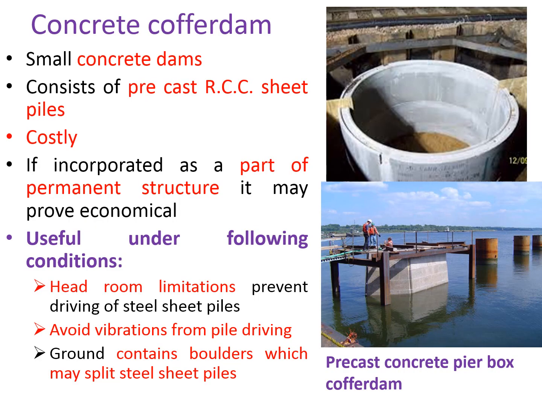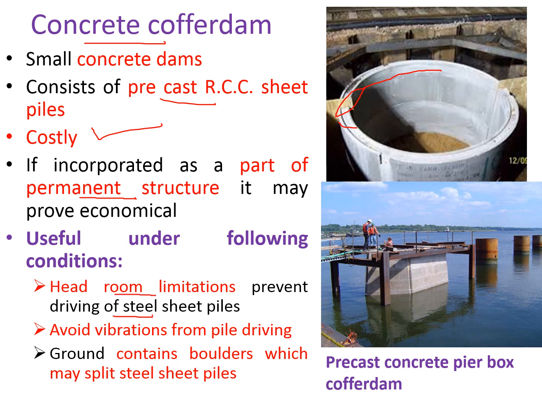Next is the concrete cofferdam. They are nothing but small concrete dams. These small dams are either precast or RCC, but as we are using RCC material, it is costly, and it can be incorporated as a part of the permanent structure also. They are generally used in the following conditions: when headroom limitations prevent the driving of sheet pile.